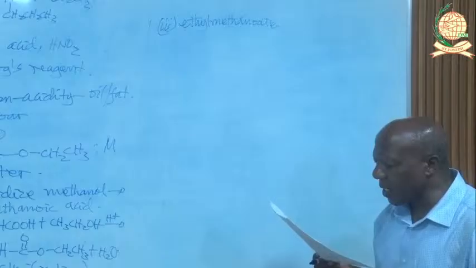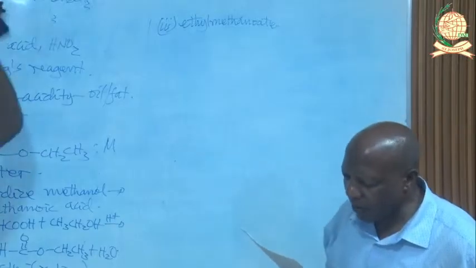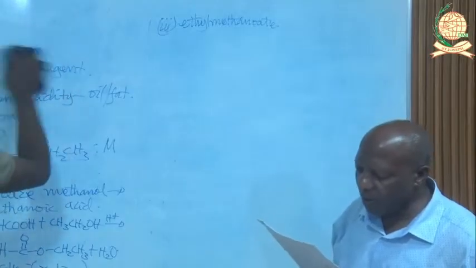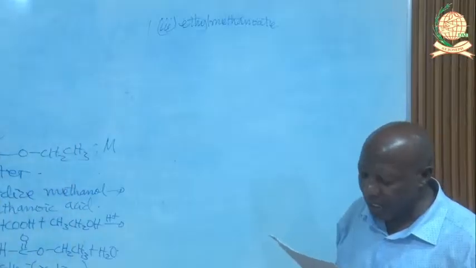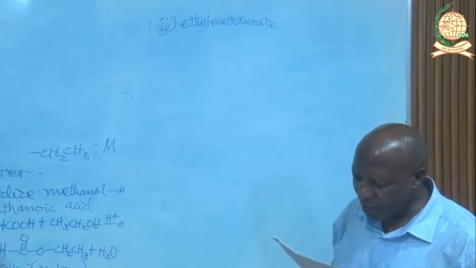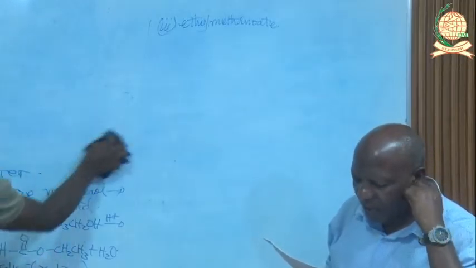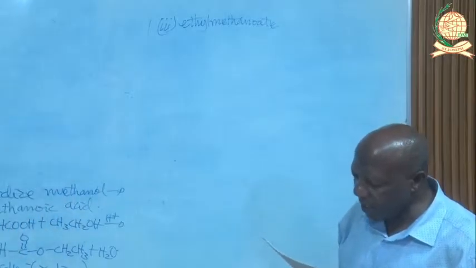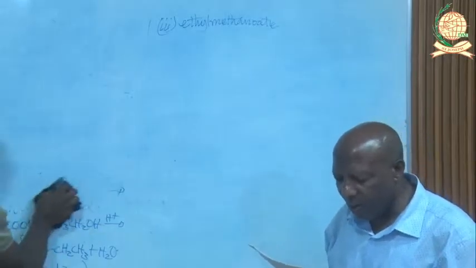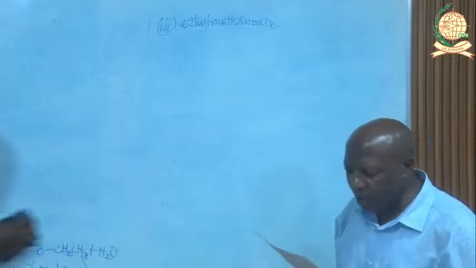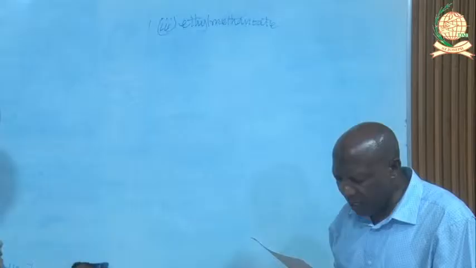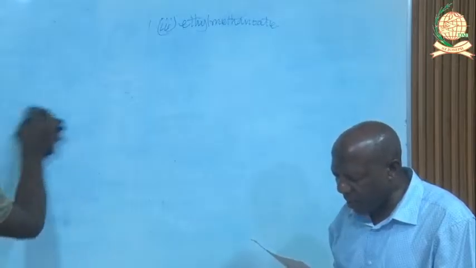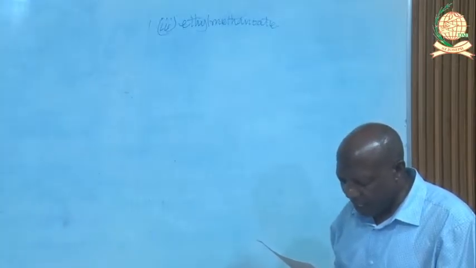So the first part, A, probably is a carbon compound. Because on reduction by lithium aluminium hydride, which is a strong reducing agent, it gives compound B that can be dehydrated. So it means compound B is an alcohol. Then after dehydration of B, compound C was formed. This is an alkene.